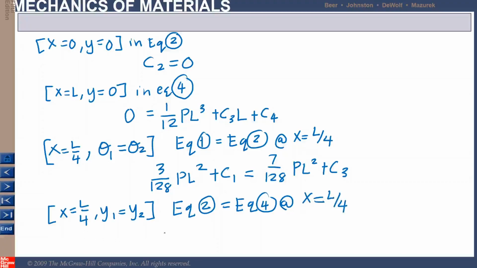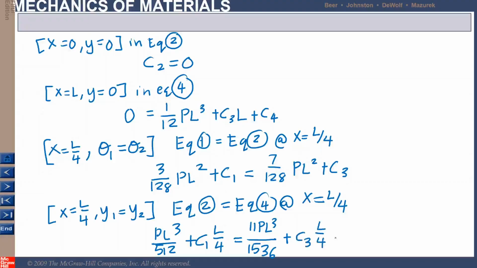We will get PL cube over 512 plus C1 L over 4 is equal to 11 PL cube over 1536 plus C3 L over 4 plus C4.